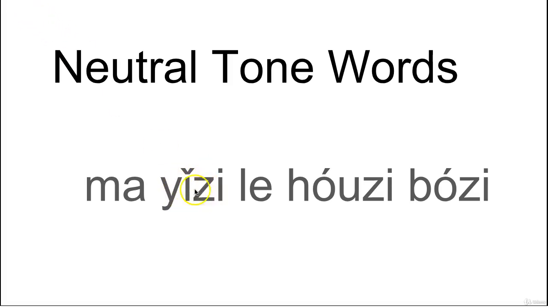It sounds like this, but this one sounds like haozi, bozi. You see that the last pronunciation, the neutral tone, is changing because it's being affected by the tone before it.